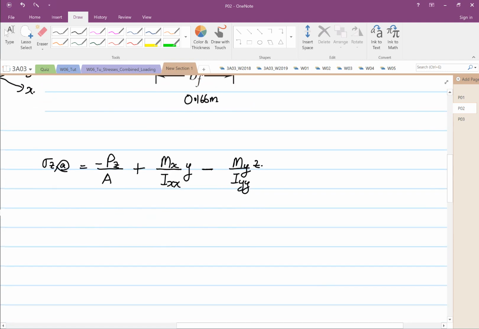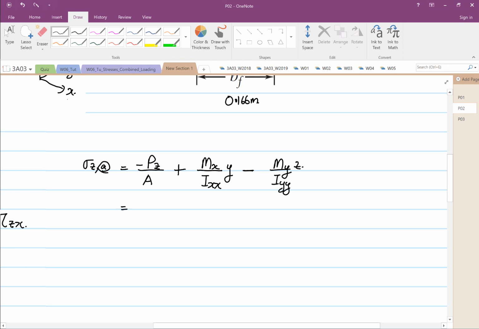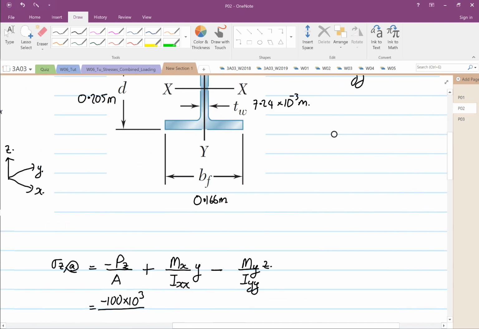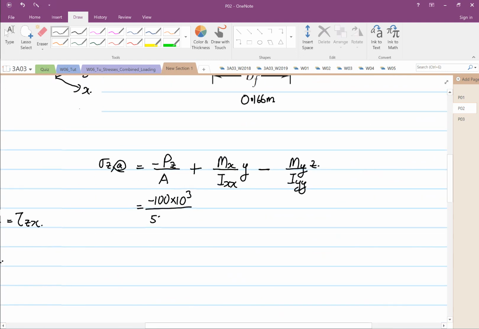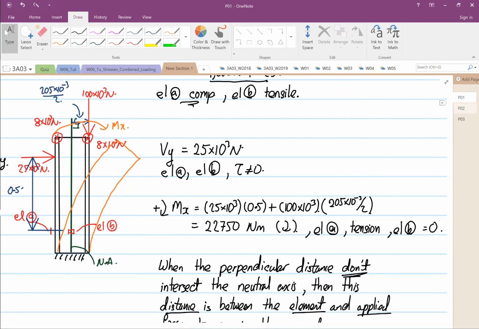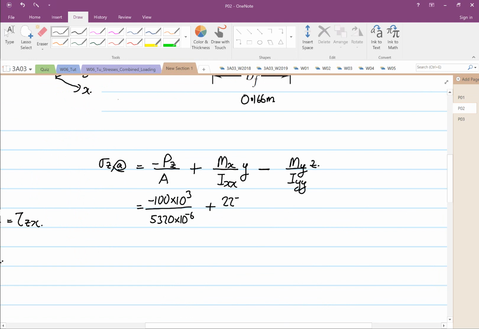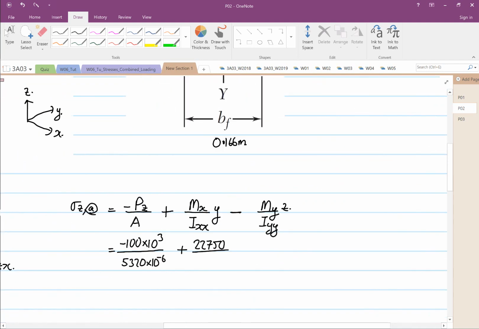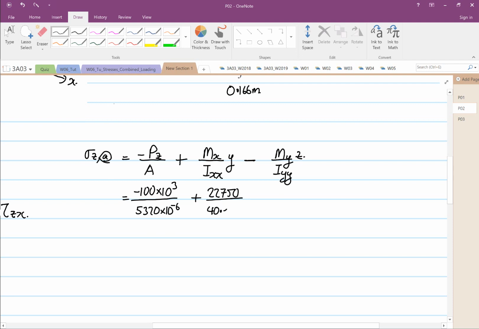So this will be equal to minus 100 times 10 to the power 3 divided by the area. The area we're given is 53320 times 10 to the power minus 6, plus the moment in the X direction, MX, which is equal to 22750, divided by IXX, which is 40.8 times 10 to the power minus 6, multiplied by y.